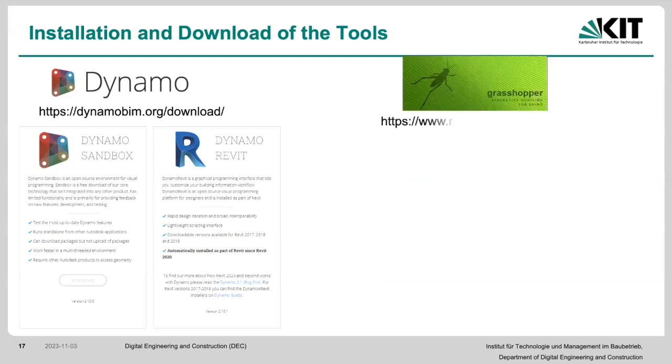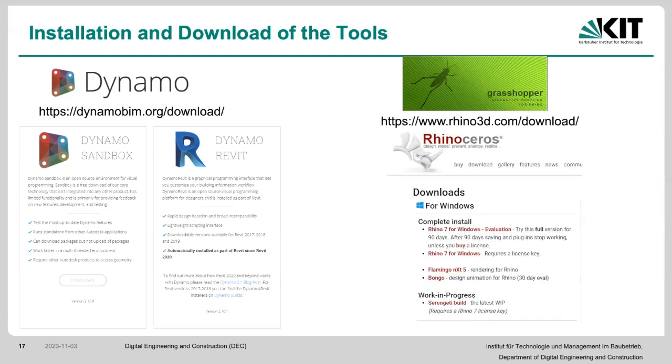The other one is Grasshopper with Rhino 3D. At least last year, you needed access, but you can get the 90-day access for education for free. You would just need to make a request, so it's not as streamlined as what you get with Revit, but you get the gist of it.